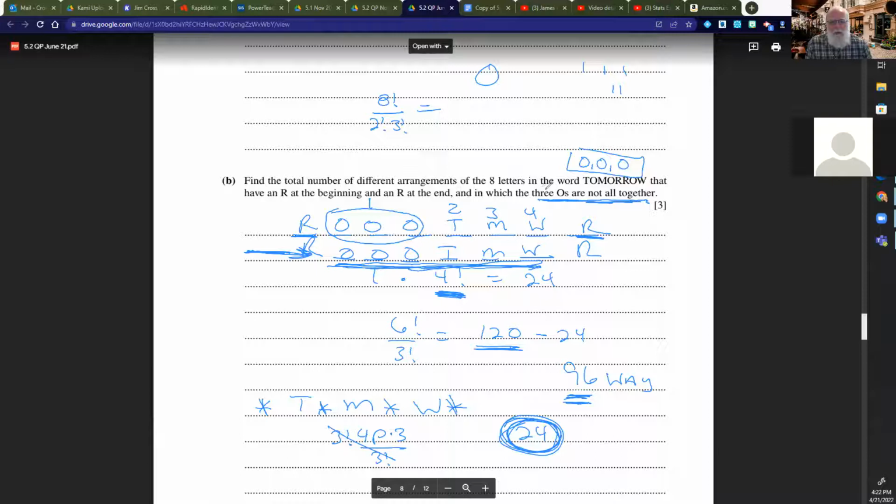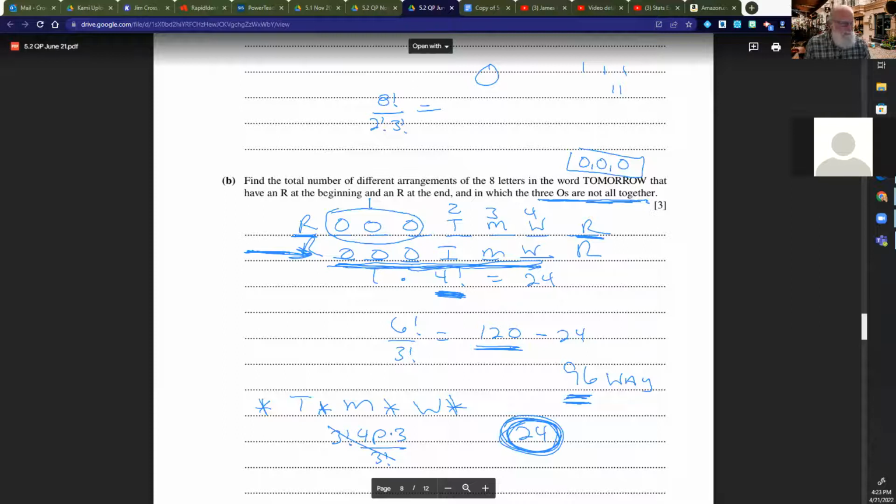But if there's more than two things, you have to make sure you're clear about whether they're saying to separate them or whether they just can't be all together. If it can't all be together, then find the ways that they can be all together, and take it away from the number of ways they could possibly be done.